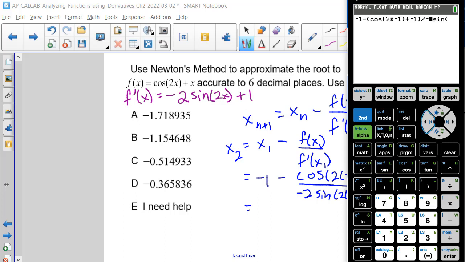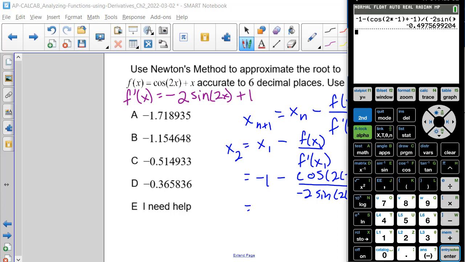Oh, and I forgot to put the parentheses in front of this -2. So let's put the parenthesis in there. There it is. All right, so you get to insert. We're going to put a parenthesis in front of that. There we go. And now we're fine. So we got the sine of 2 times -1, and then we are adding 1. And when we evaluate, we get this number.